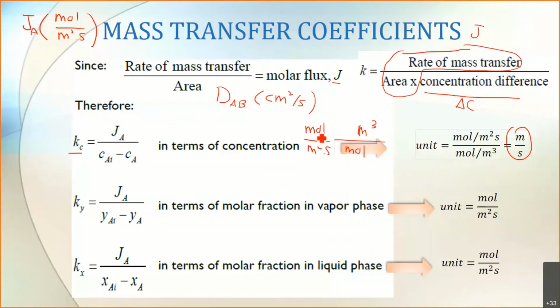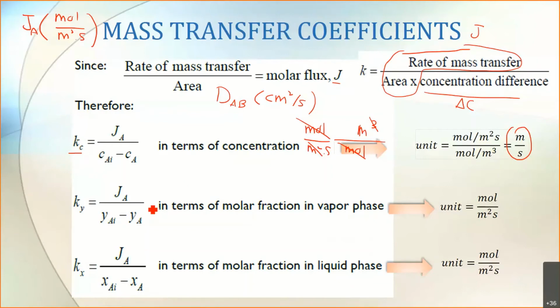So when you cancel out, mole will cancel out with mole, meter squared will cancel out with meter cubed, and then you will be left with meter per second. Now this is the unit for Kc only. So you cannot say that K has a unit of meters per second. Kc has the unit of meter per second. Kc means the mass transfer coefficient in terms of concentration.